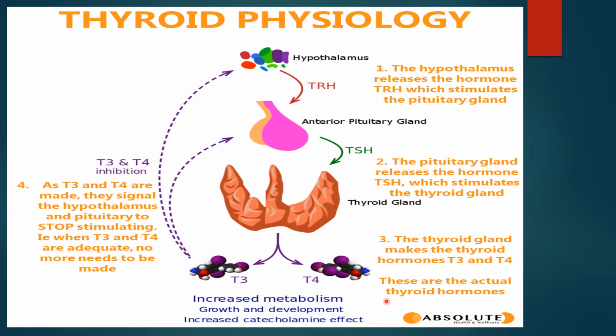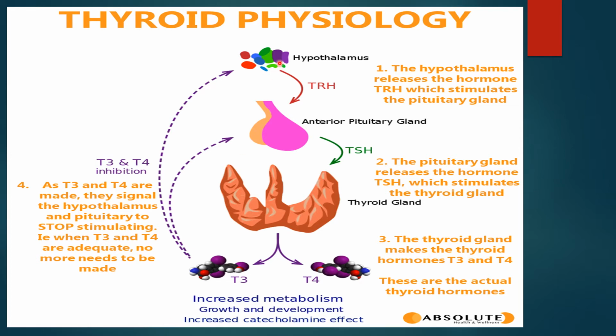The thyroid hormones T3 and T4 basically result in increasing the metabolism of the body, causing growth and development, and they also increase the catecholamine effects.